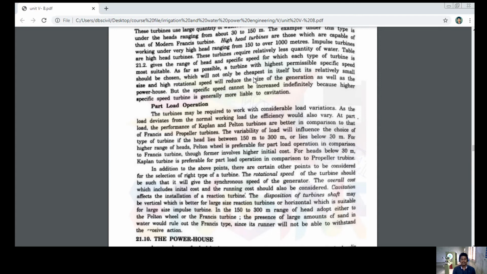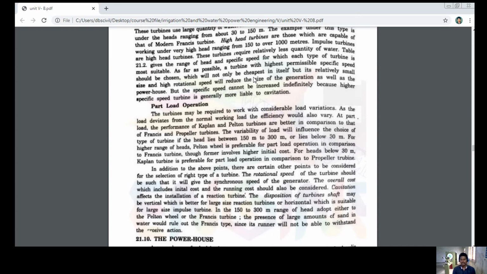Cavitation affects the installation of a reaction turbine. The disposition of the turbine shaft may matter for large size impulse turbines. In the 150 to 300 meter range of head, adopt either the Pelton wheel or the Francis turbine.